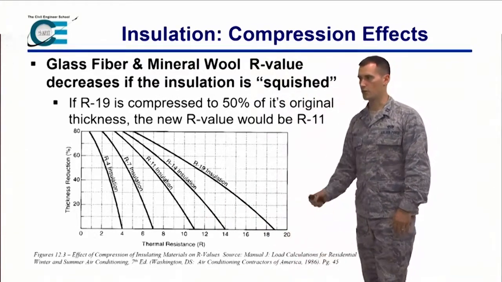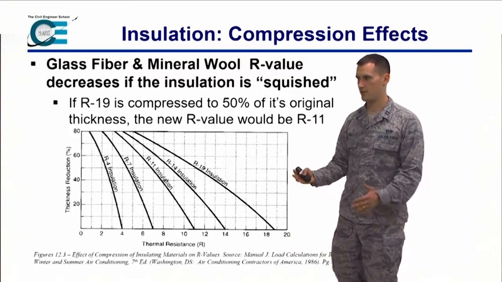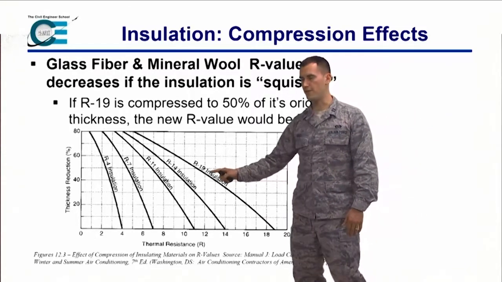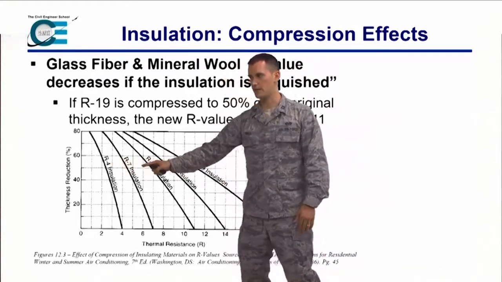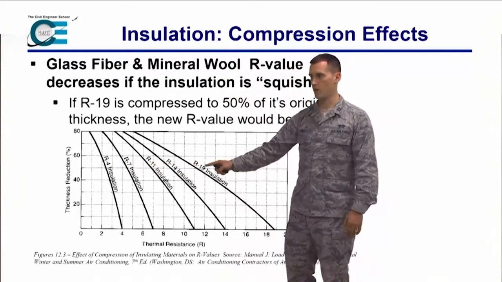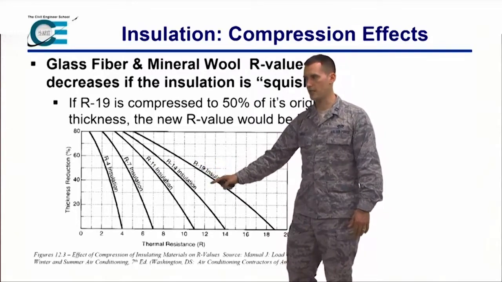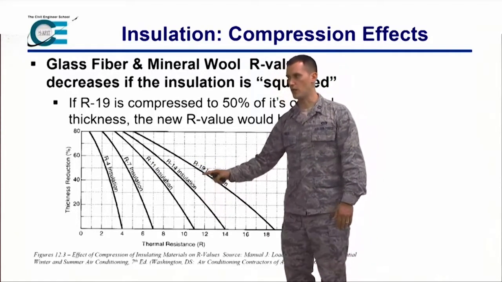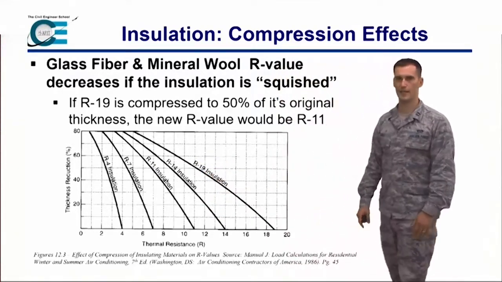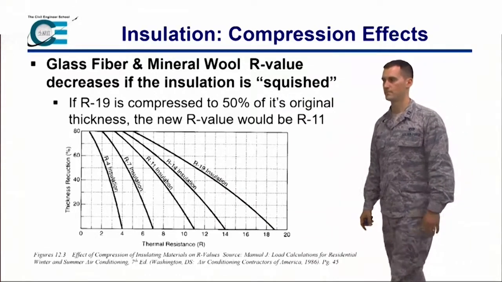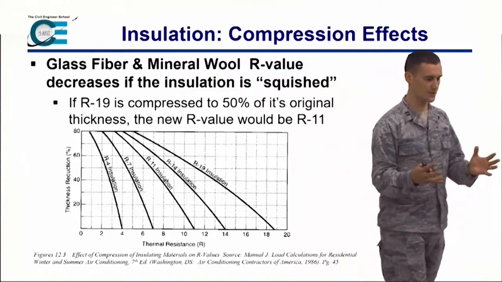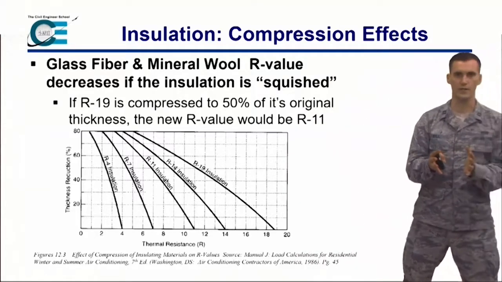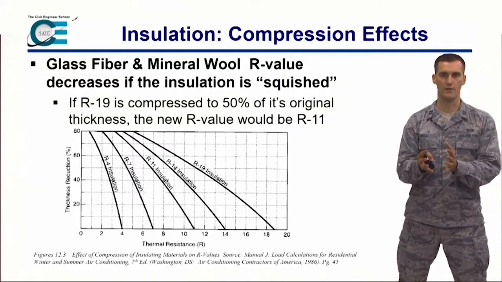But if I were to crush R19 insulation or smush it to essentially 50% or half its actual value, that's this x-axis right here, what do I get? Well, I'm actually getting around R12 or R11 insulation if I do that. So, when this insulation becomes compressed, we lose some of the value that we've paid for it.